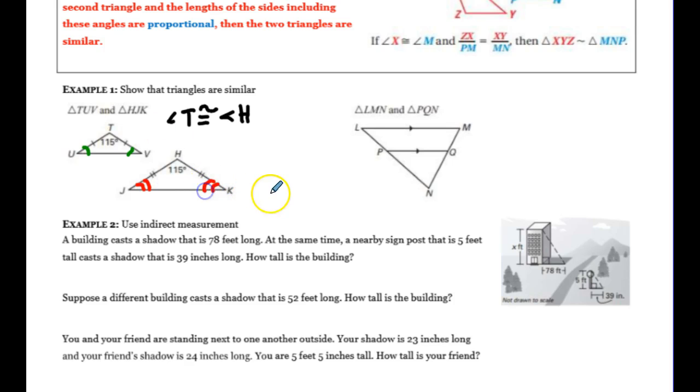to angle K. So if we do a little bit of math, then I know that 180 minus 115 is going to give me whatever U and V are, like U plus V. So 180 minus 115 gives me 65 degrees.